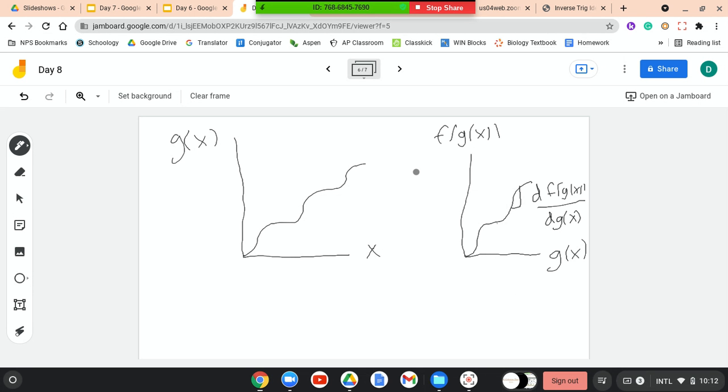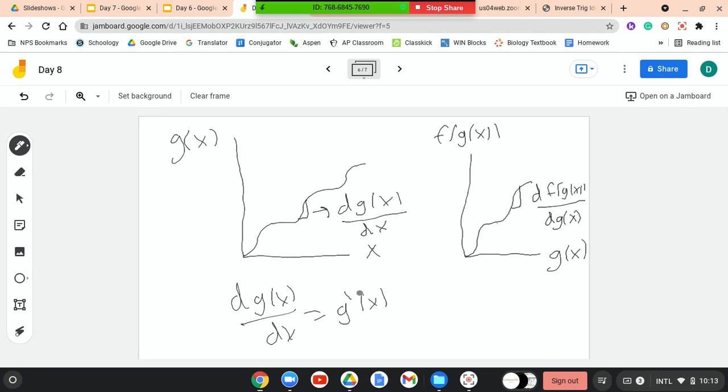So we can do a little thing with our function over here to try and figure it out. If I asked to find the derivative of g with respect to x, I would take a tiny change to g of x, dg of x, and divide it by a tiny change in our input, dx. So if I wrote that dg of x divided by dx equals the derivative of g of x, you'd agree with me, right?